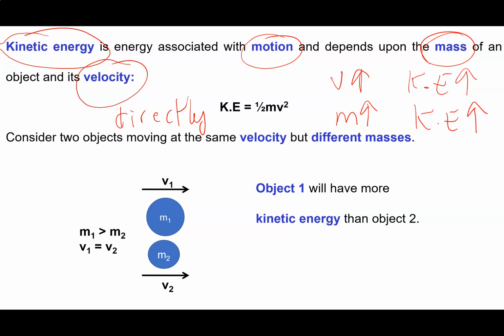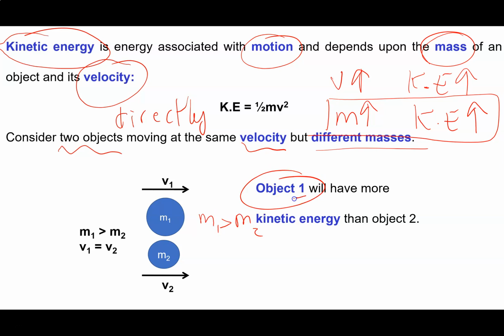So if I have two objects that are moving at the same velocity, but they have different masses, right? So that's this scenario here where everything else is being kept constant, where the velocity is being kept constant, but the mass is changing. What's going to have the greatest kinetic energy? Well, in this example, it turns out that M1 is bigger than M2.